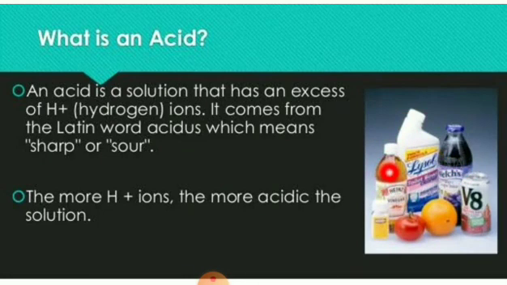This hydrogen ion is released when dissolved in water solution. Do you follow, students? All acids contain one or more replaceable hydrogen ions. So the more hydrogen ions, the more acidic the solution.